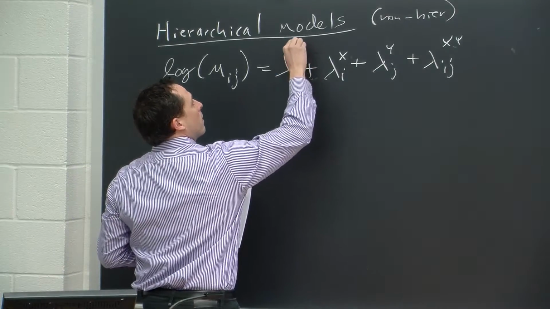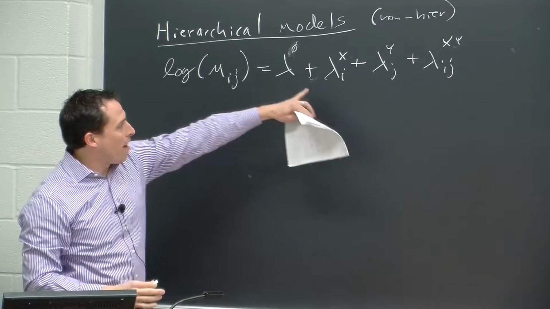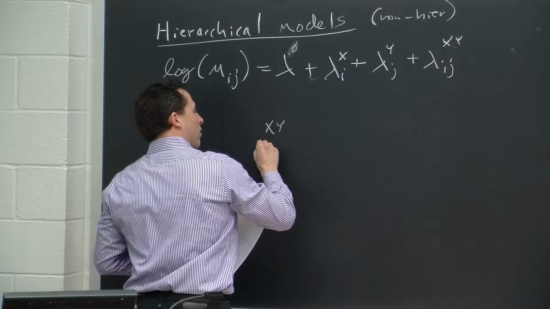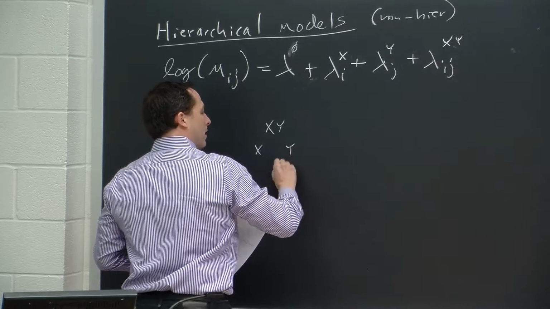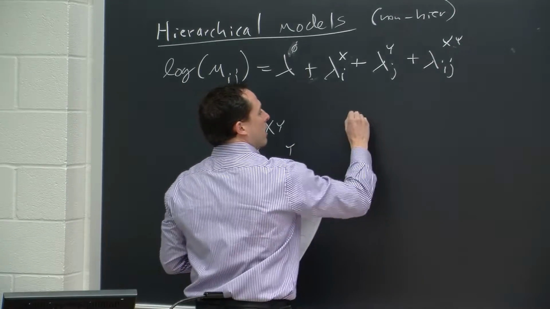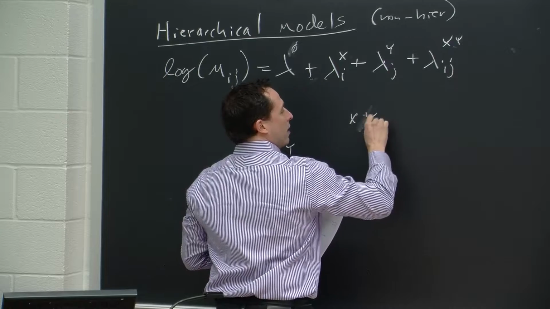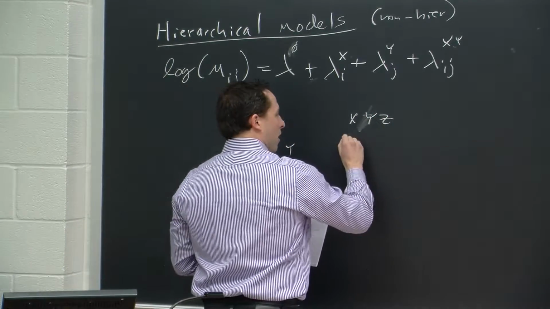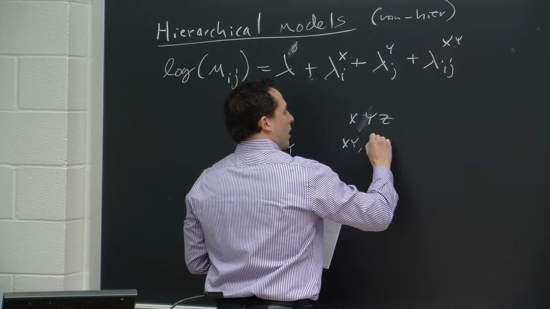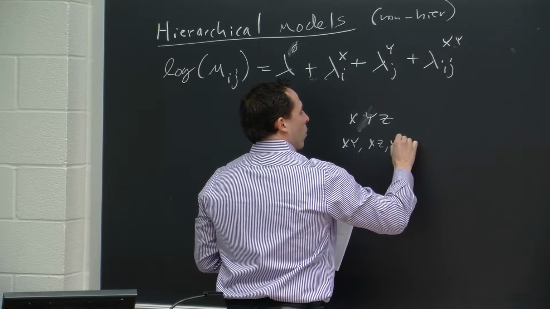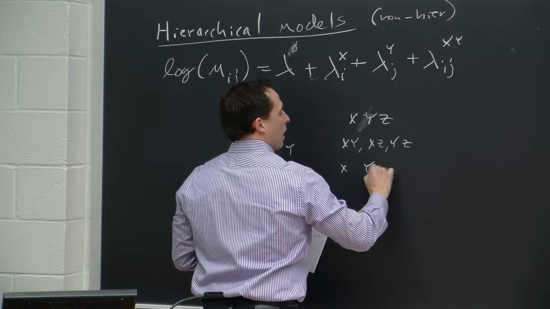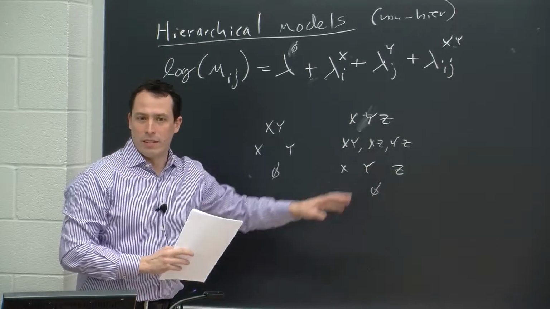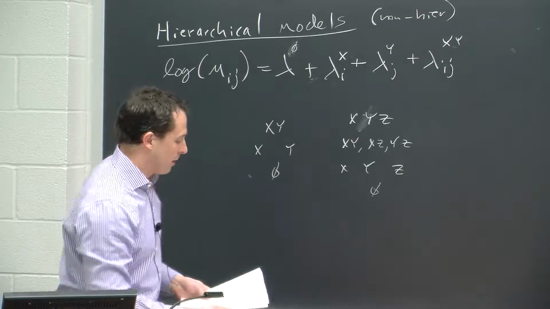So for all of the factors that appear, the factor xy appears, and also the factors x, y, and nothing appear. If I had a factor for x, y, z, a three-way interaction, I would also have the factors xy, xz, yz, x, y, z, and the empty set all appearing, a lambda for each of these things. So it's hierarchical in that set sense.